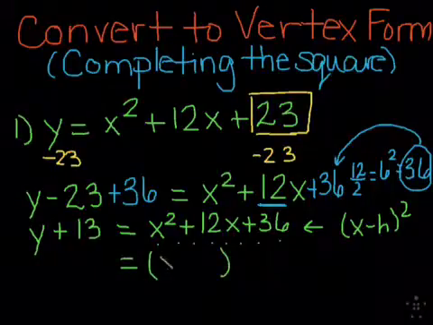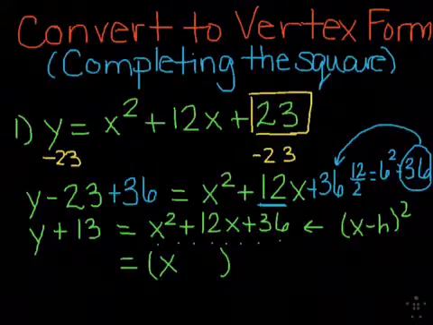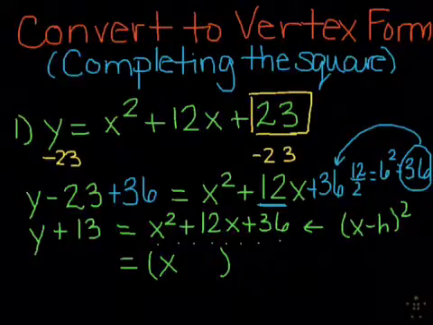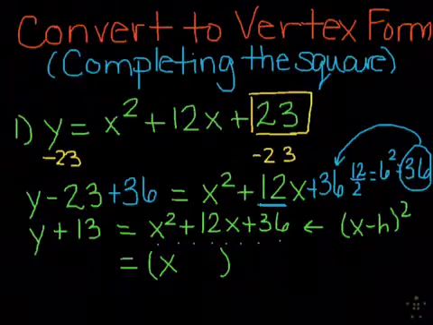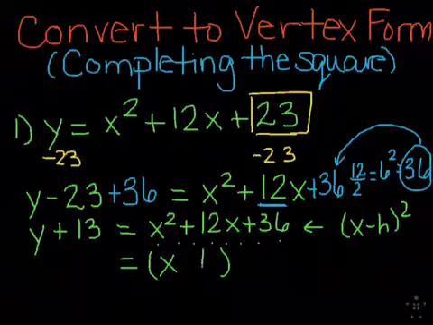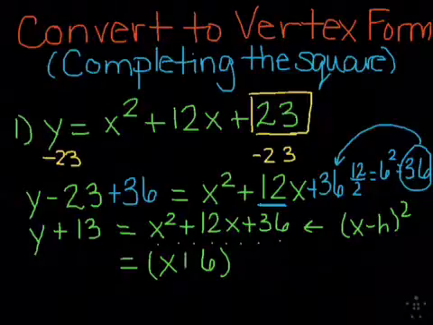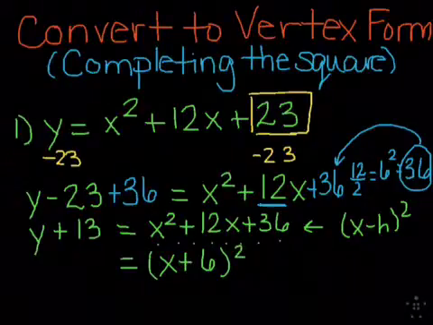I know it's an x in there. And I look at these numbers. I have a positive 12 and a positive 36. Well, what number squared is 36? It's 6, right? And my 12 here is positive, so I put in a plus 6 and I square it.